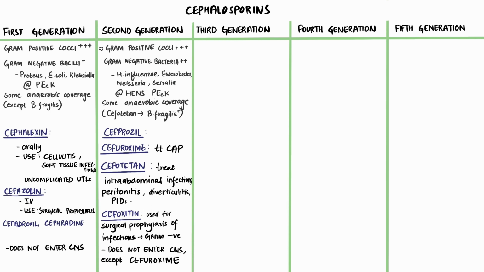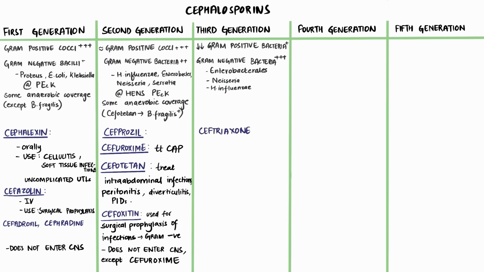Then moving on to the third generation cephalosporins. They have weaker gram-positive coverage compared to the first generation. However, they have greater activity against a wide range of gram-negative organisms, which includes the Enterobacteriaceae, Neisseria, and Haemophilus influenzae. The drugs under the third generation include ceftriaxone. This is one of the most common drugs used in clinical practice.